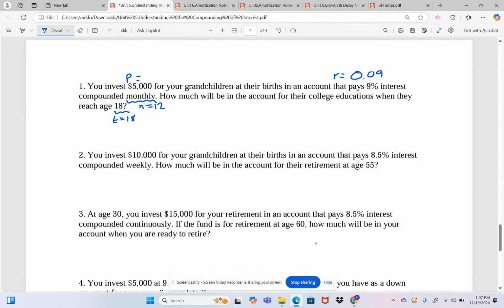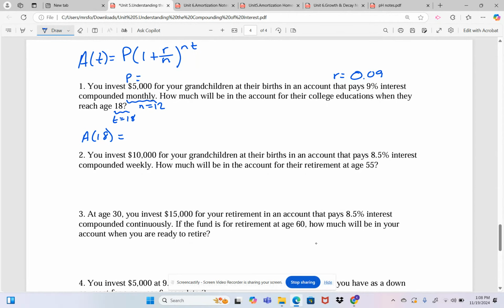The formula for this is A of T equals the initial investment times 1 plus R over N, raised to the NT.